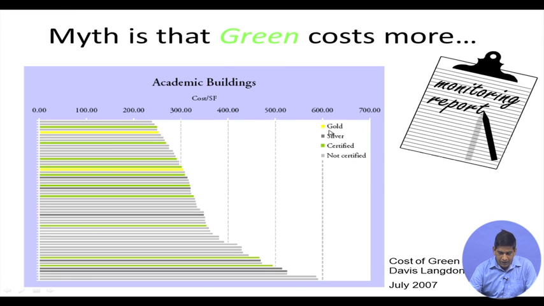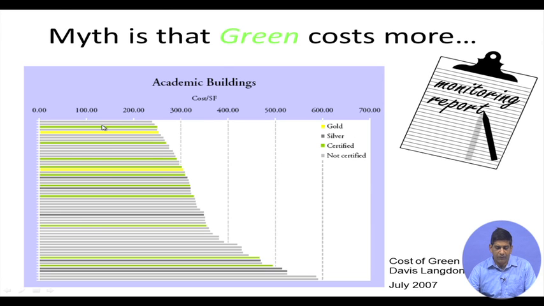The gold certified is the golden yellow color. Silver is the dark gray, showing up as blue on the figure, and the light gray is not certified.